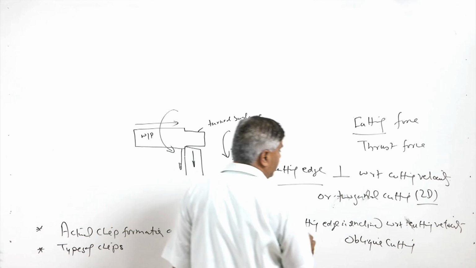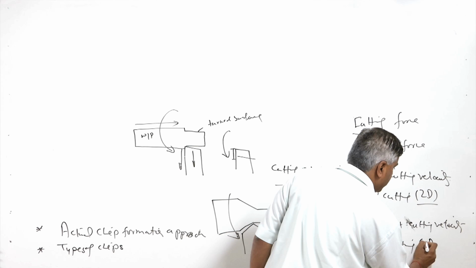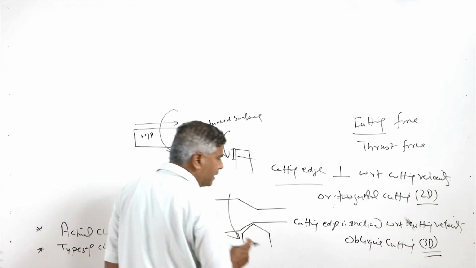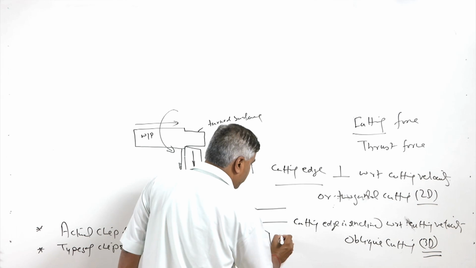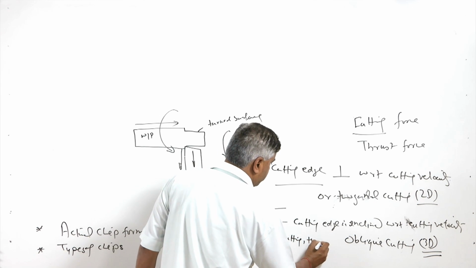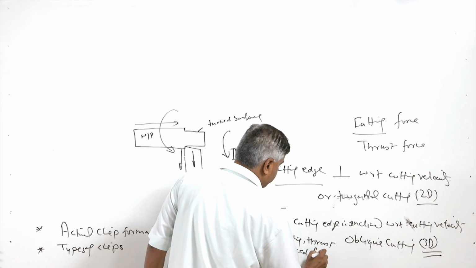While in case of the oblique cutting, which is termed as three dimensional cutting, the forces during the cutting will be acting in three directions. One is the cutting force, another is the thrust force, and third is the feed force.